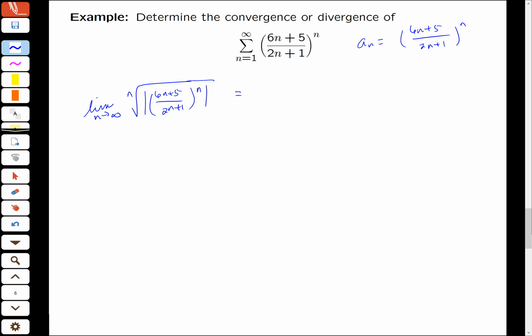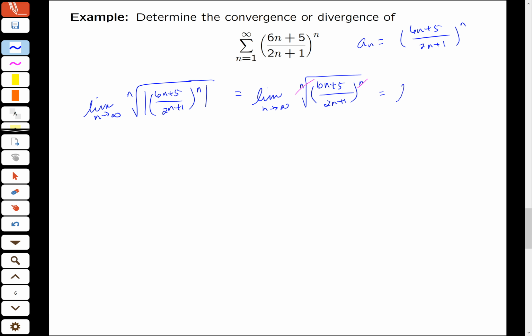Now, I don't have any minus signs in this, so I can drop the absolute value. So that's what I'm going to do next. What happens to my exponents? The nth root and the n, they cancel.